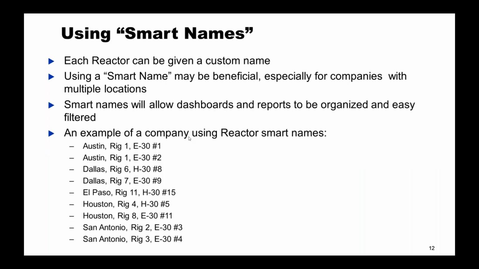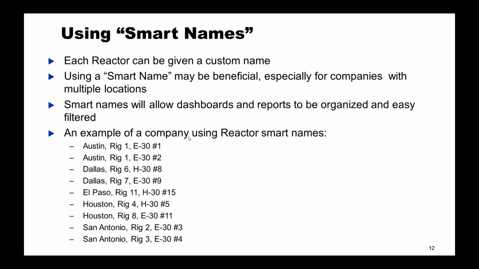One thing I wanted to point out, just a recommendation, is you have the ability to give each reactor its own name. So if you have more than a few reactors, using some sort of a smart name may be helpful. I'll give you an example. You can use words or numbers as you want, but if you have multiple branches, maybe it's helpful to build into the name the branch first and then a rig number.